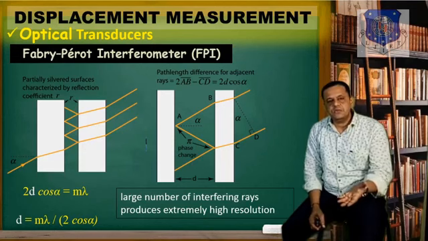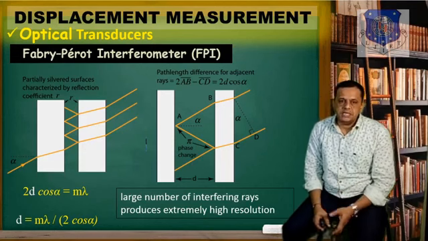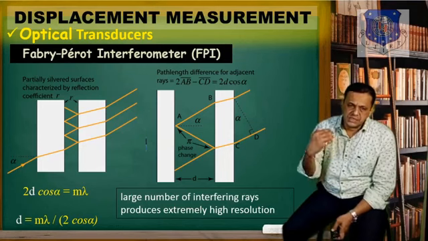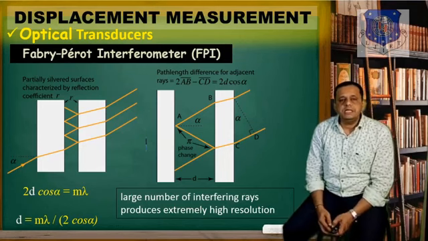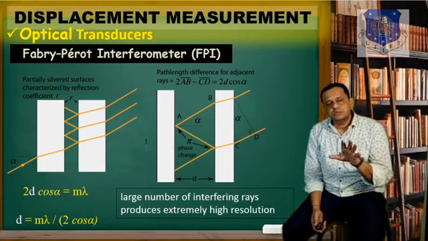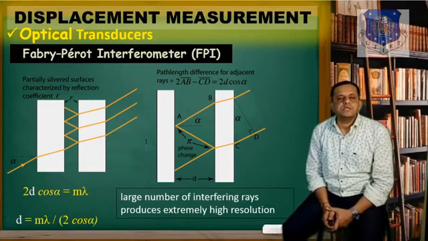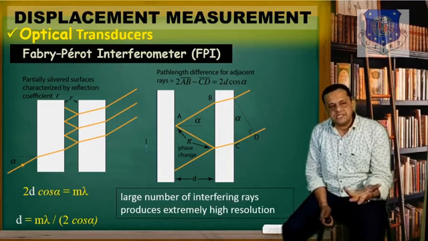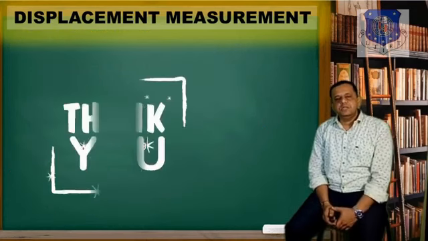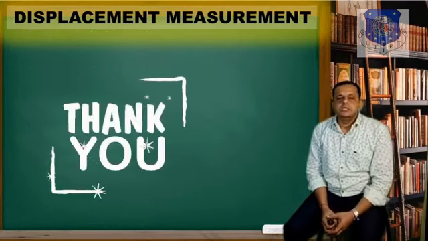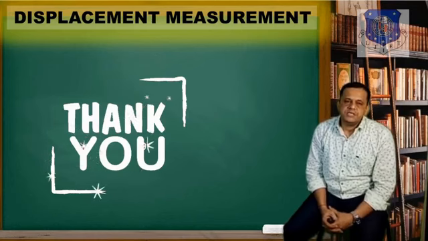In this session, we have gone through time of flight and another two types. So these are the topics that we should cover under optical transducers and displacement measurement. In the next session, we will be meeting with another displacement measuring technique.